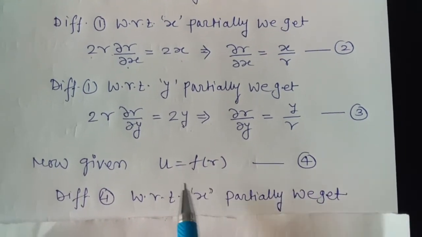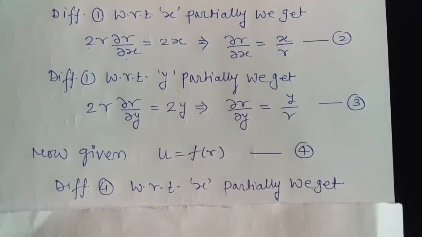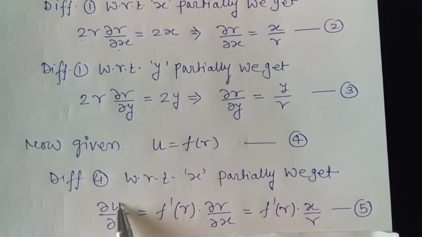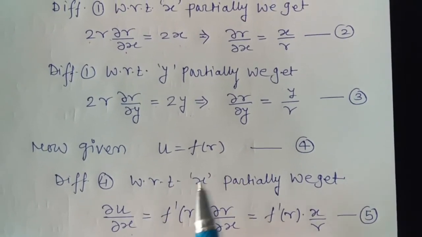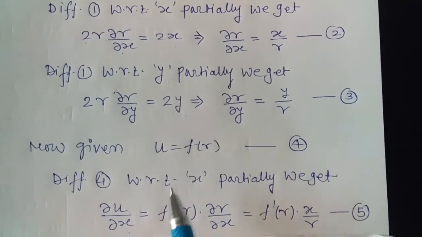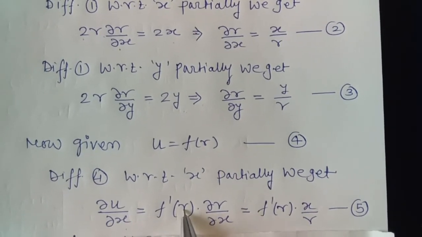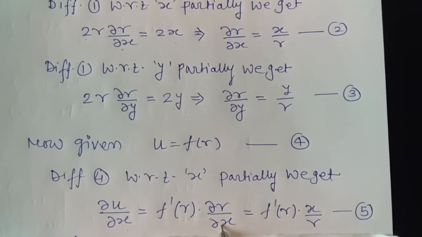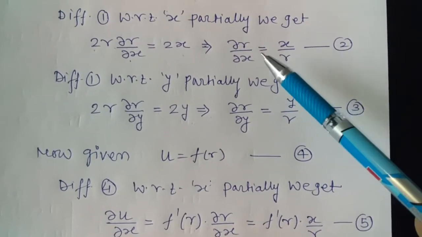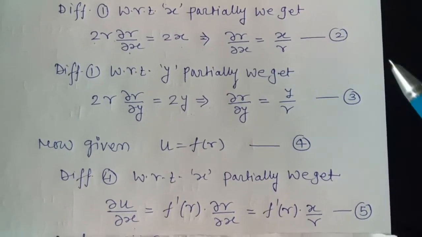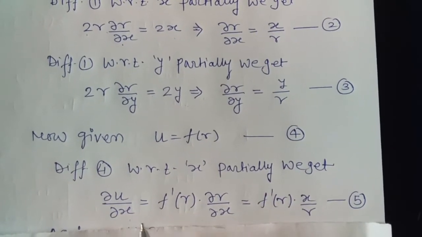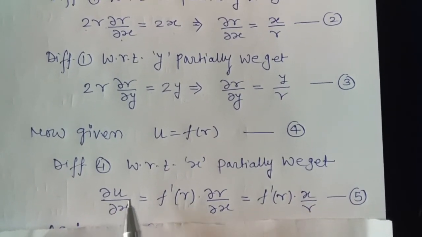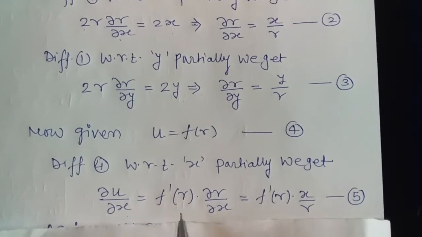We get the partial differential of u with respect to x, del u by del x, equal to, now the derivative of f of r is f dash r multiplied by the partial derivative of r with respect to x, which is del r by del x, and as the value of del r by del x we already calculated is x by r, so we get del u by del x is equal to f dash r into x by r. So this is the partial derivative of u with respect to x using the chain rule.